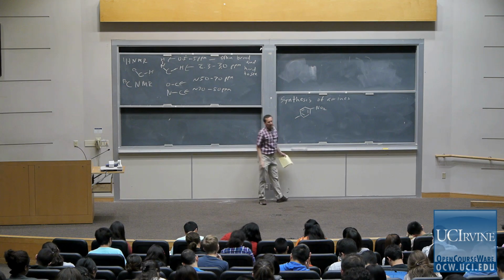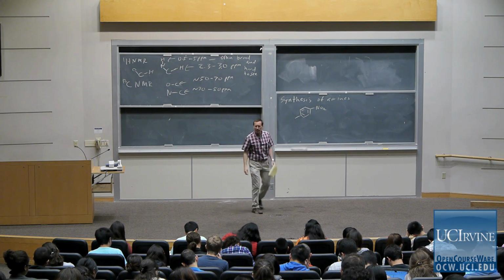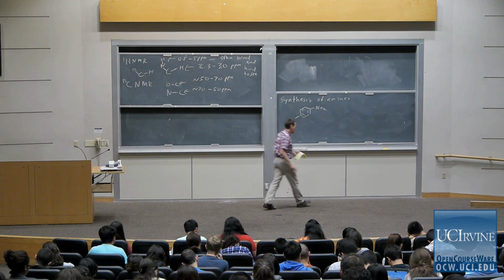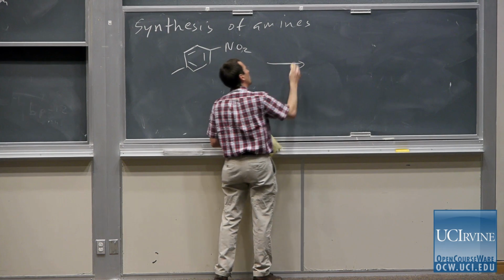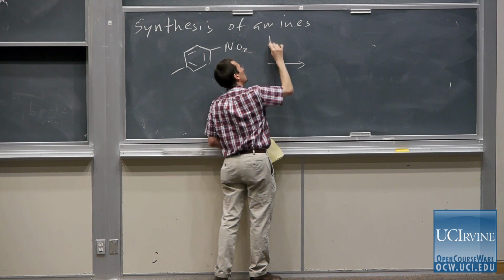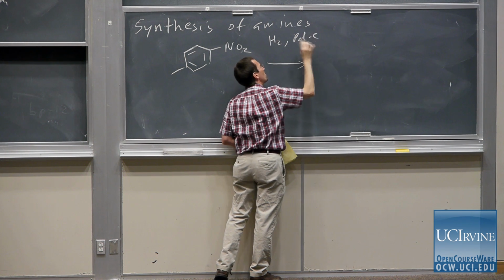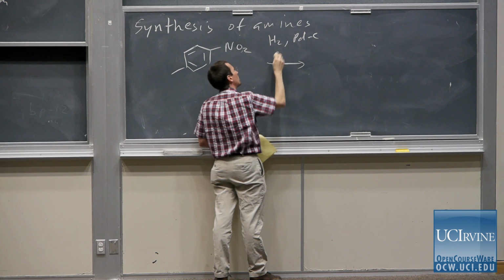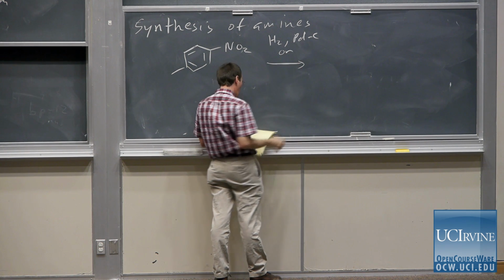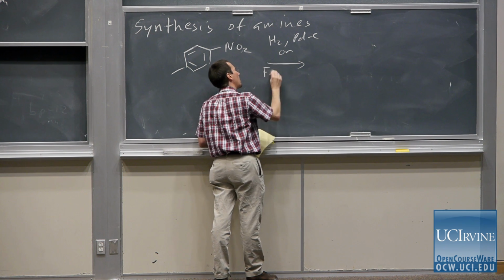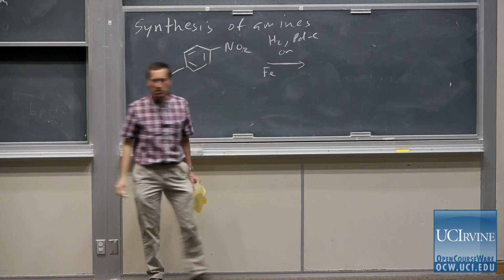Your textbook gives 3 different ways, but I can give you 100 different ways to reduce the nitro group down to an amino group. Your textbook taught you that catalytic hydrogenation with hydrogen and palladium on carbon can reduce the nitro group, or you can use a metal. Metals are reducing agents in general.